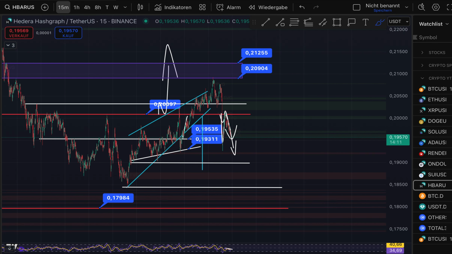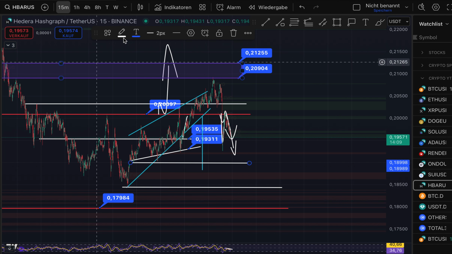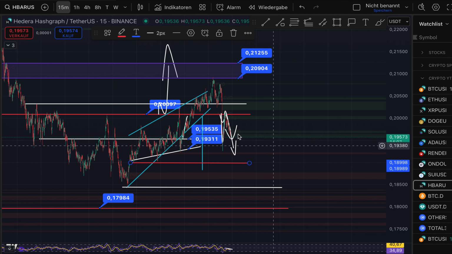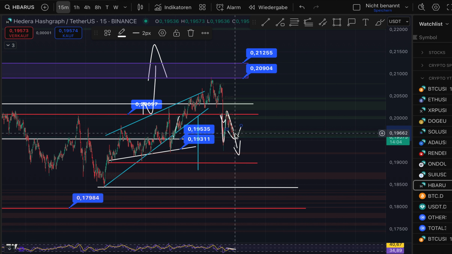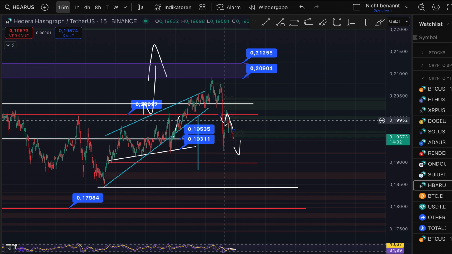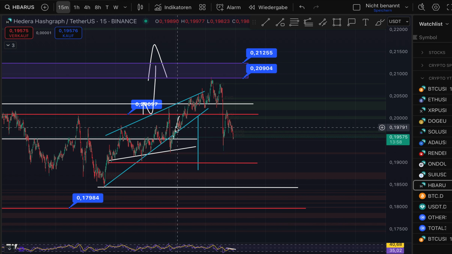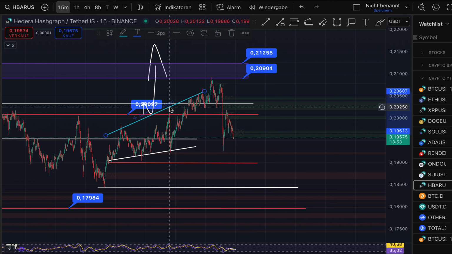Let me make the price mark of 19 cents red. And let me take out the arrows here and the price marks. I will show you what I mean with it. So let me take out here everything. This one here as well.